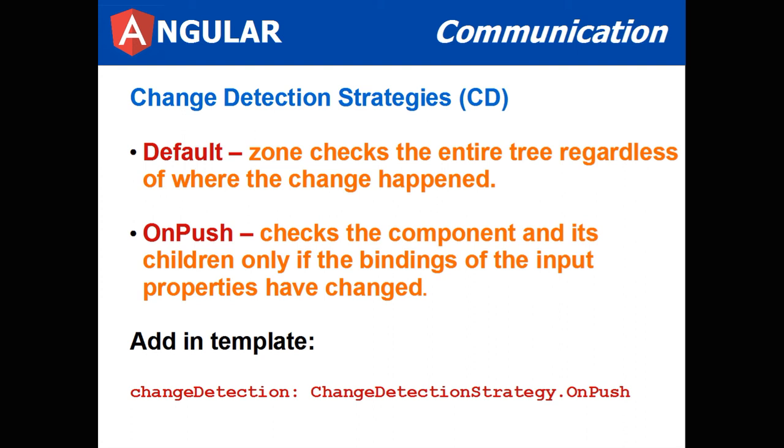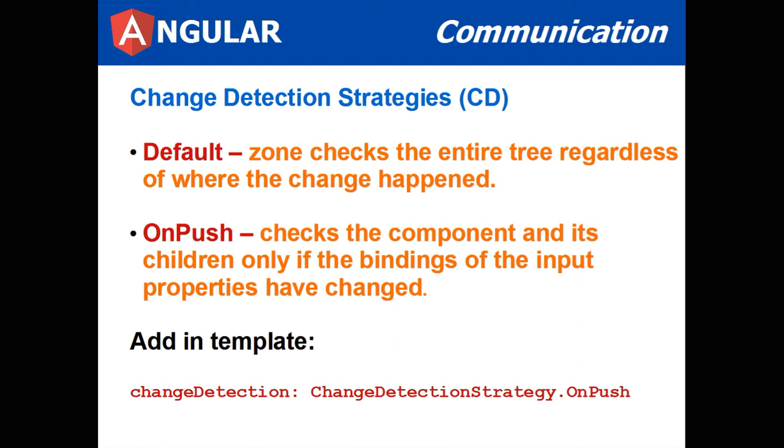That means check this component and all the children under it for changes only on push. And that should optimize your code so that your checking doesn't have to occur.